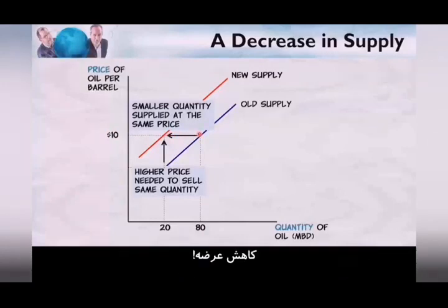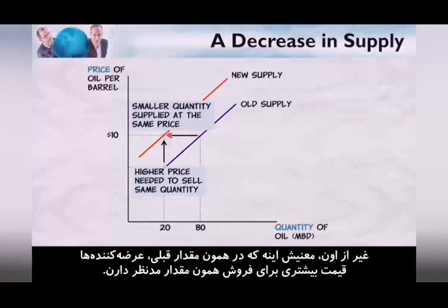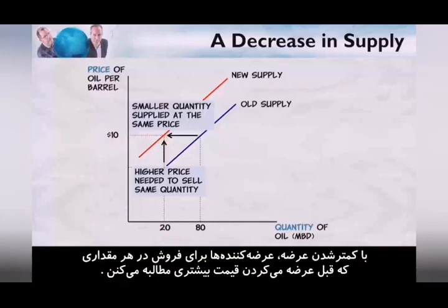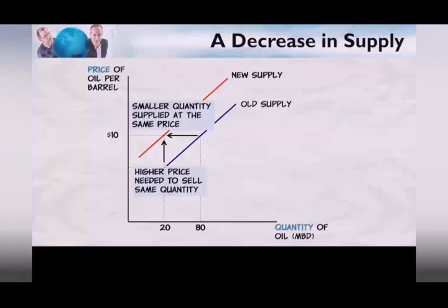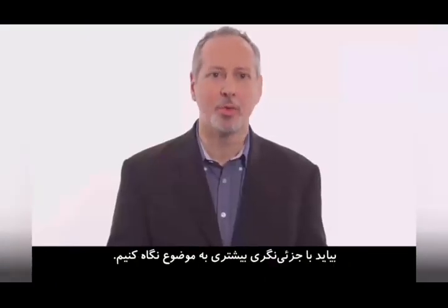It also means that at the same quantity, suppliers now require a higher price to sell that quantity. So, what would make suppliers require a higher price to sell the same quantity? An increase in costs.